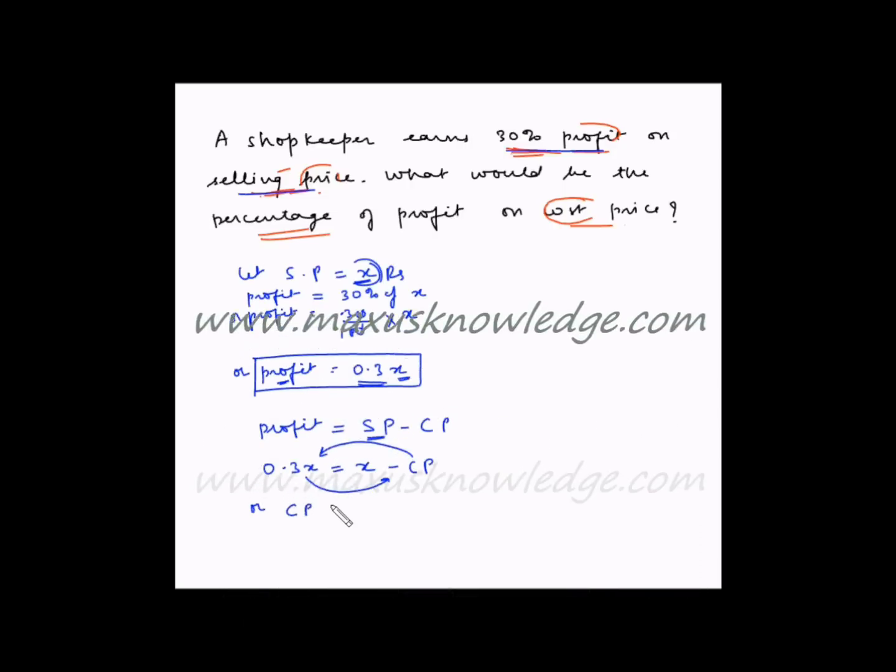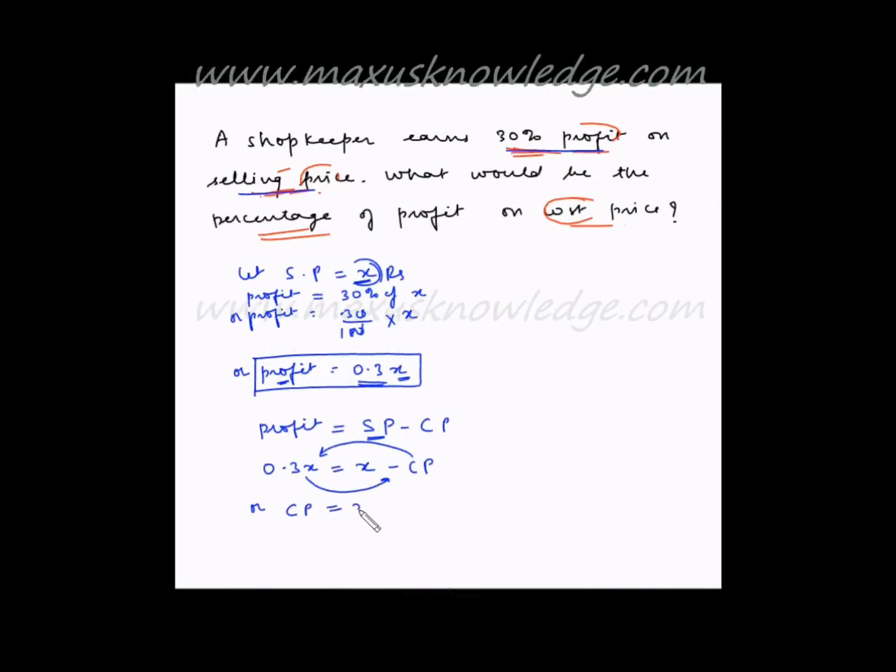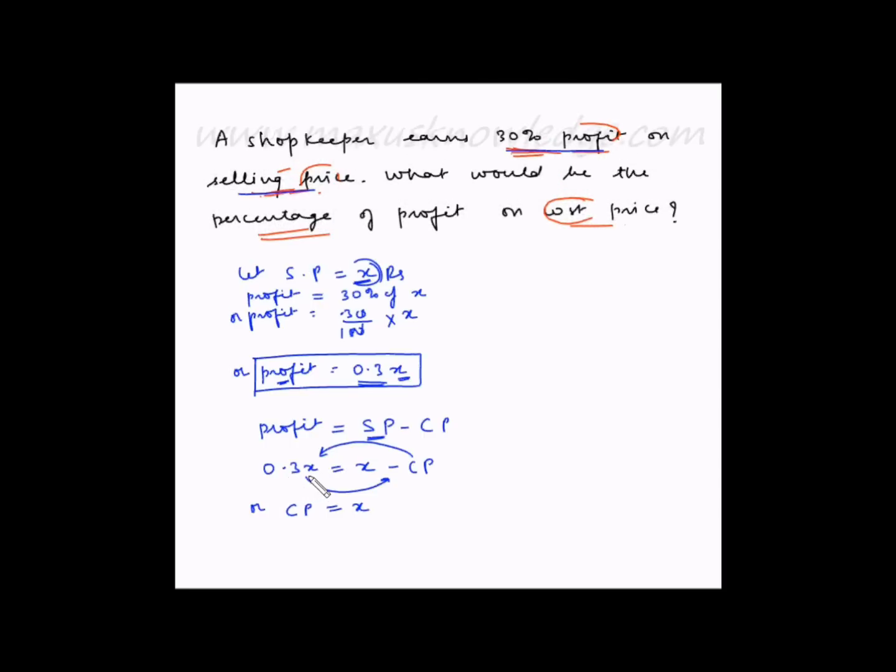So CP is equal to X, and 0.3x has a positive sign, so it becomes a negative sign when we bring it on the other side, or CP is equal to, so 1 minus 0.3 is 0.7 times X. So basically we have now found the relationship between the cost price and the selling price. So cost price is equal to 0.7 times the selling price.